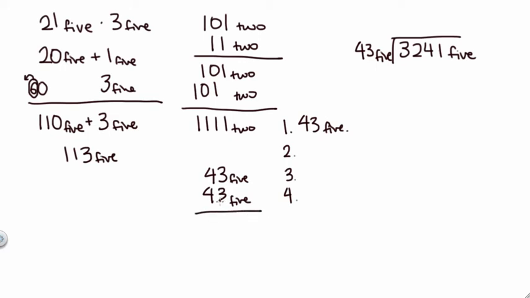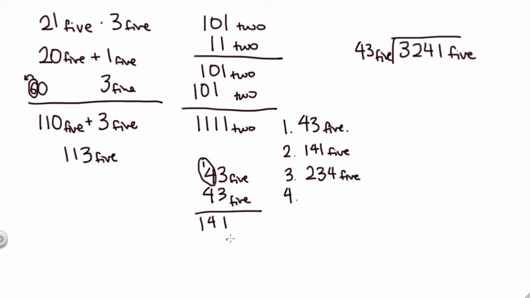Then it's 3, 4, 5, but as soon as I hit 5, I go over 1. So I'm left with 1 here. And then once again, as soon as I hit 5, I have to go over 1. So it's 141 in base 5. So 43 times 2 is 141 in base 5. And then times 3 is 234 in base 5.